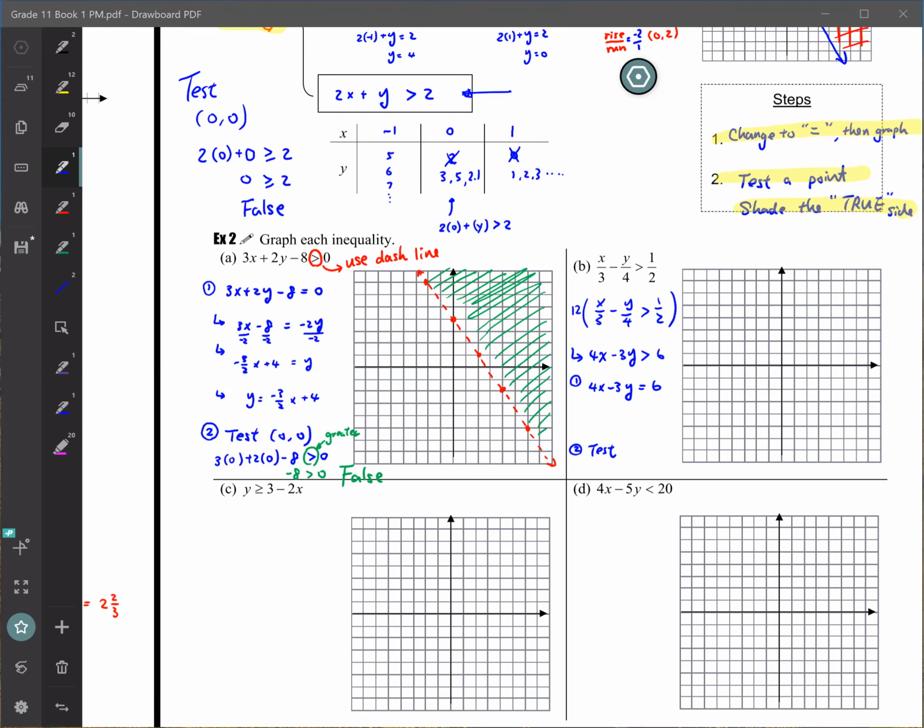Okay, Jiawen, have you found the slope y-intercept form for this equation?